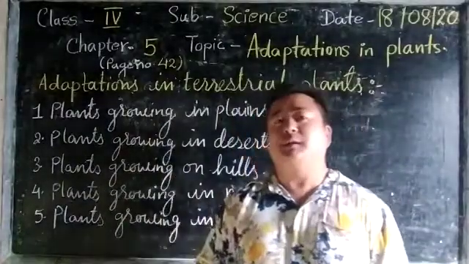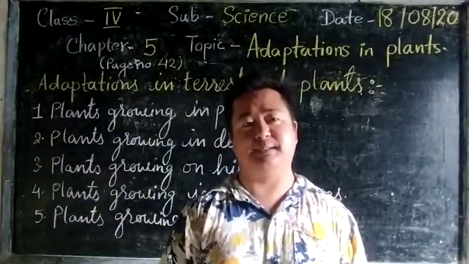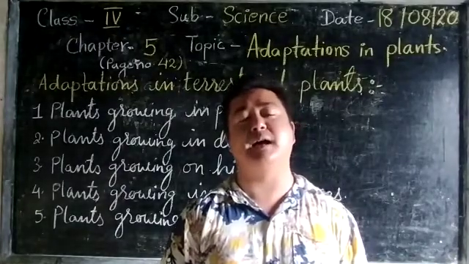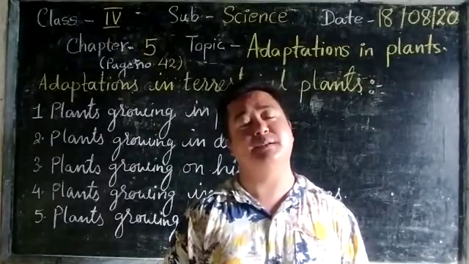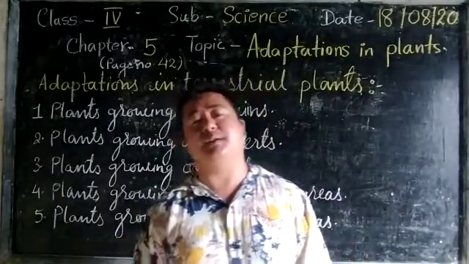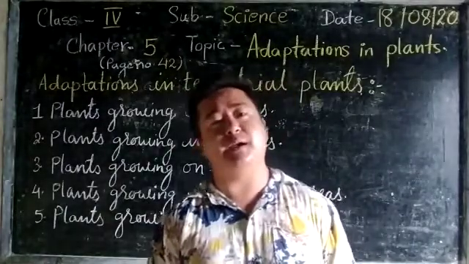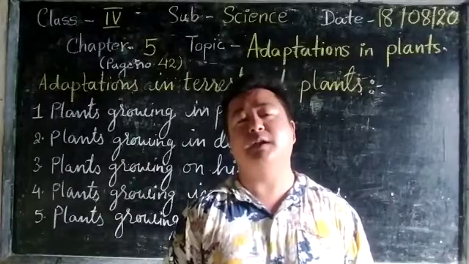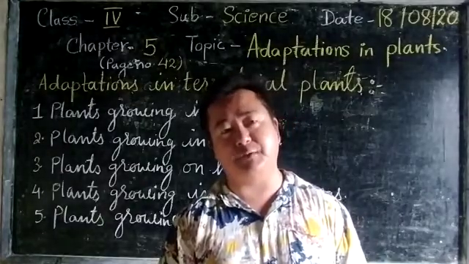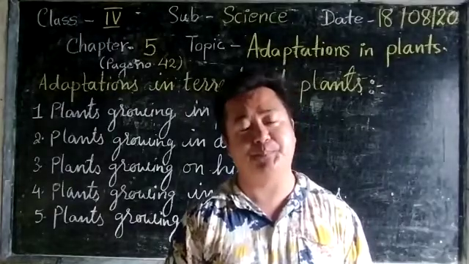Now, as we already know, plains are areas which are flat and vast, where the climate is very warm. It is hot in summer and cold in winter. In plains there are areas which receive heavy rainfall, as well as some areas which receive less rainfall.